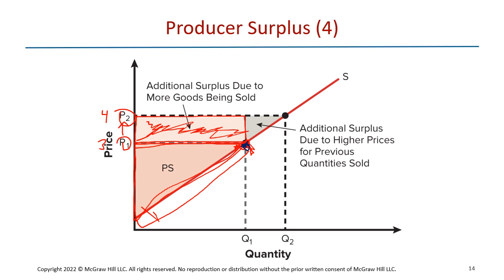Okay, and now just like before, this triangle here represents all the new producers that can now jump into the market, because at $3 a muffin, they just could not produce a muffin that was low cost enough to make a profit or at least break even.